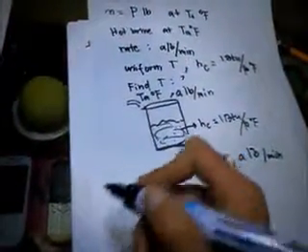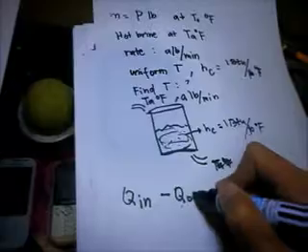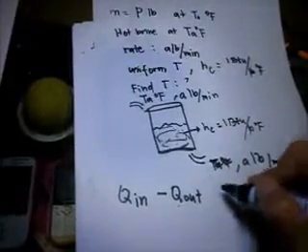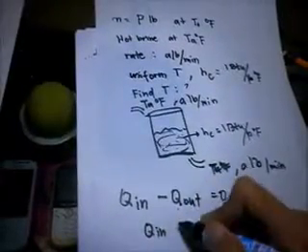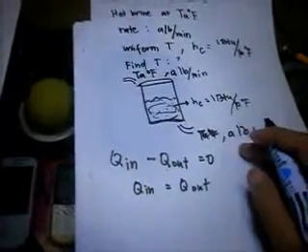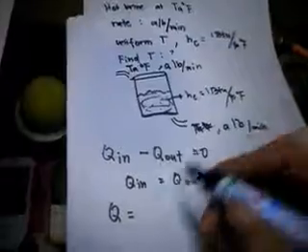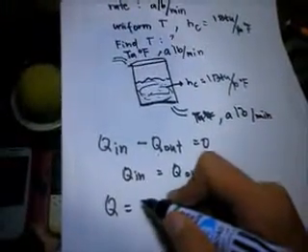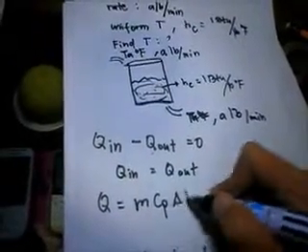Okay, so we have here our equation Q in minus Q out is equal to 0, because what comes in is just equal to what goes out. And we have a formula for Q. You still remember this one from your Physics 21 or 31. Q is equal to M Cp delta T, where Cp is the heat capacity.